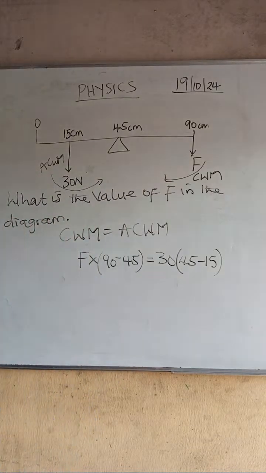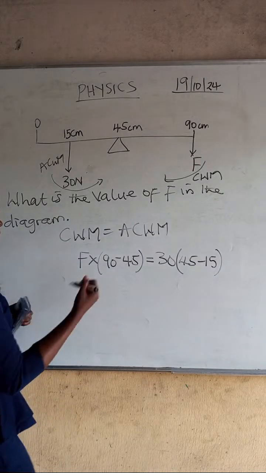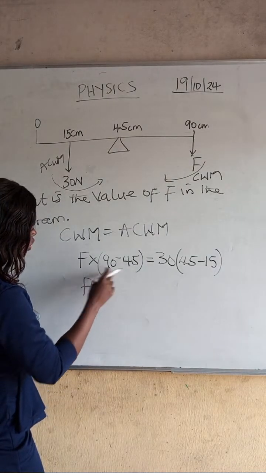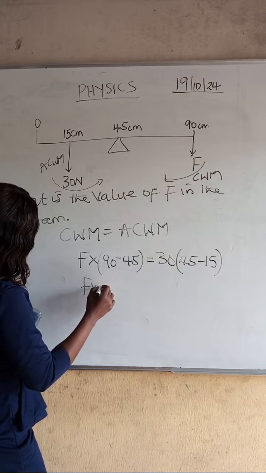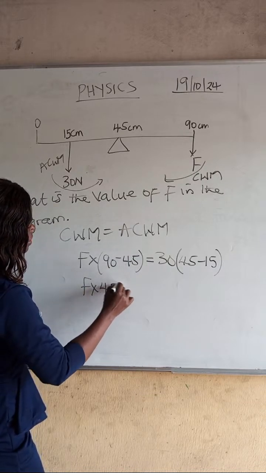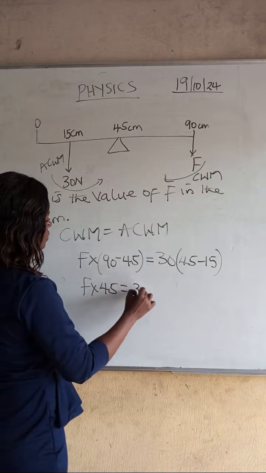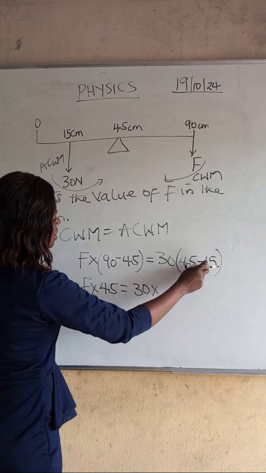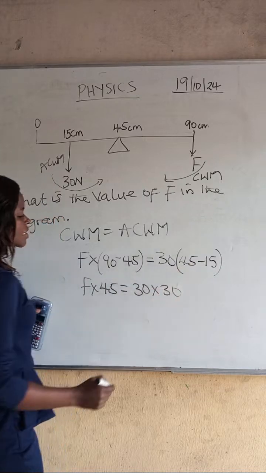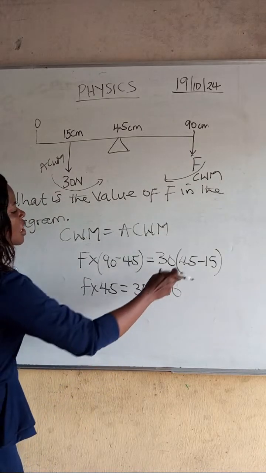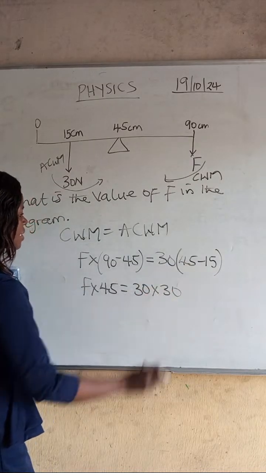Now, we work it out. So this is F times, this is going to give me what? 45 is equal to 30 times what? 30, right?